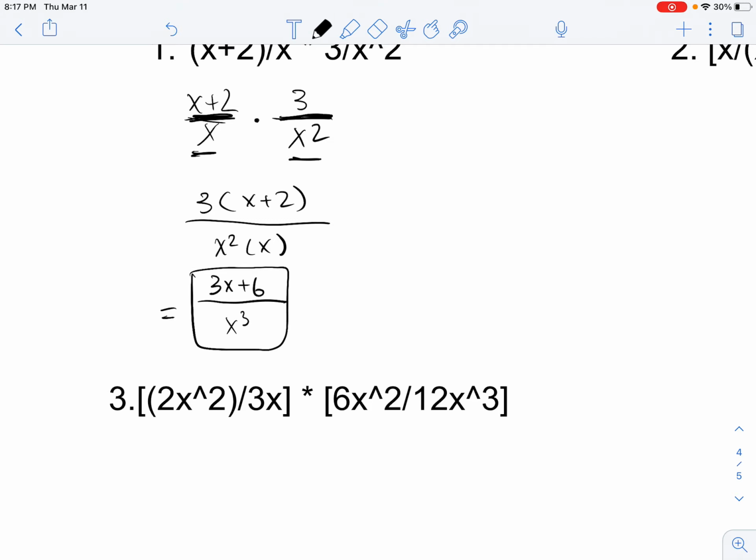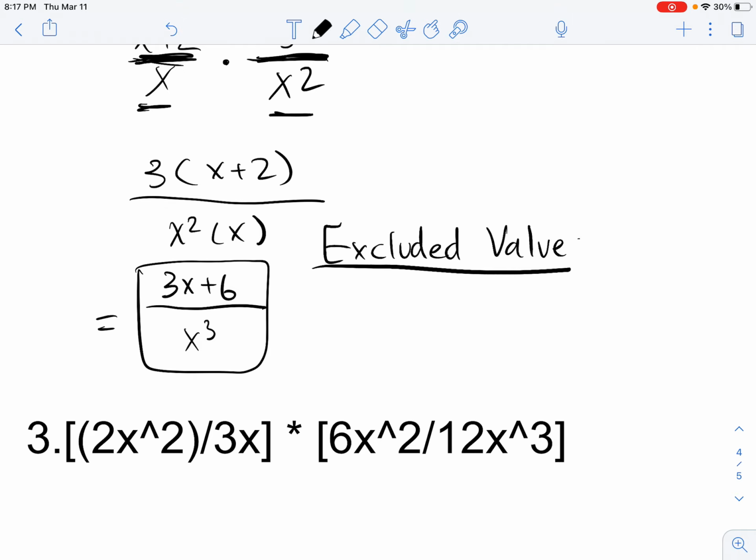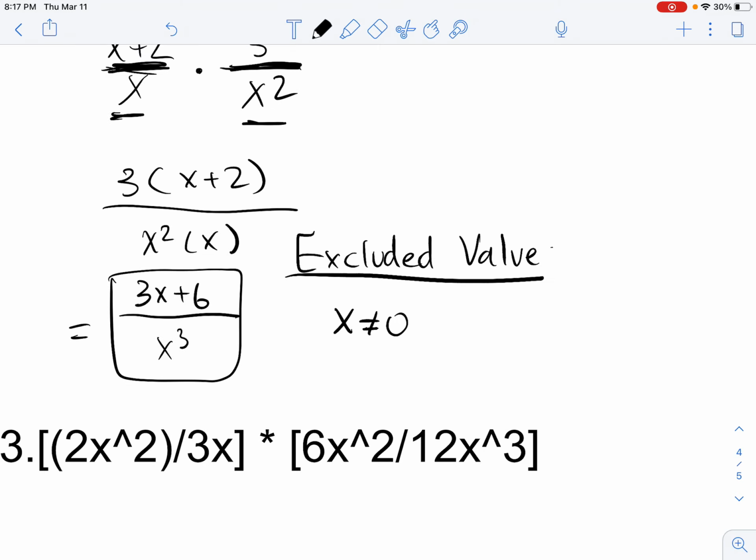If we were to take this a step further, our excluded values would be x cannot equal 0. Since if x cubed is equal to 0, then it would be 3x plus 6 over 0, which is not something that's possible.